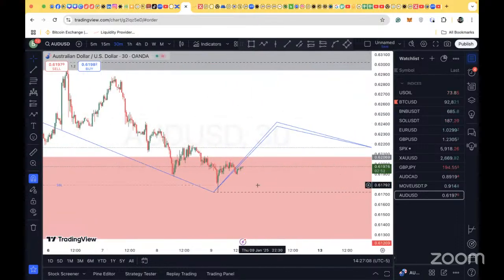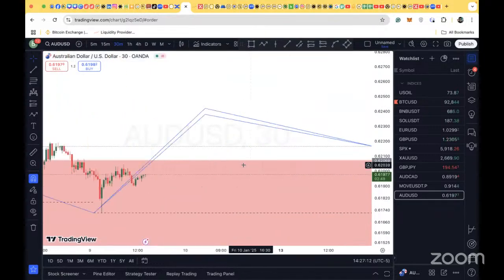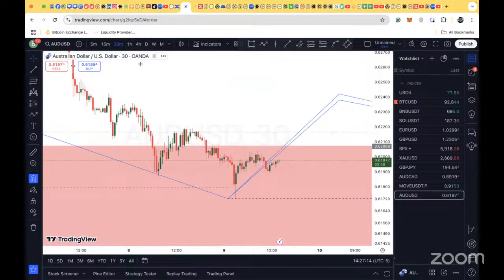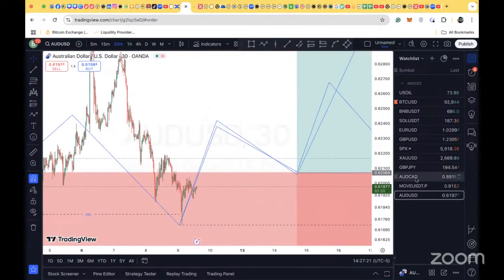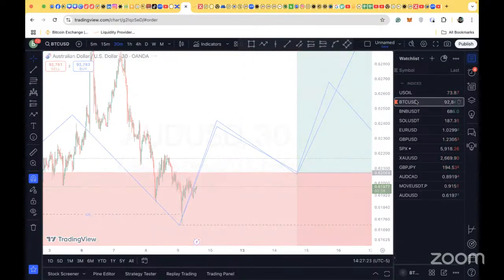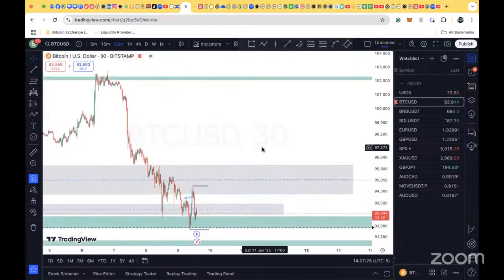Yeah, all this is still part of the noise. We need to see a change of character on a smaller time frame, a push to the upside, a pullback, then we enter. That's what we're looking for. So my best for now is Bitcoin.